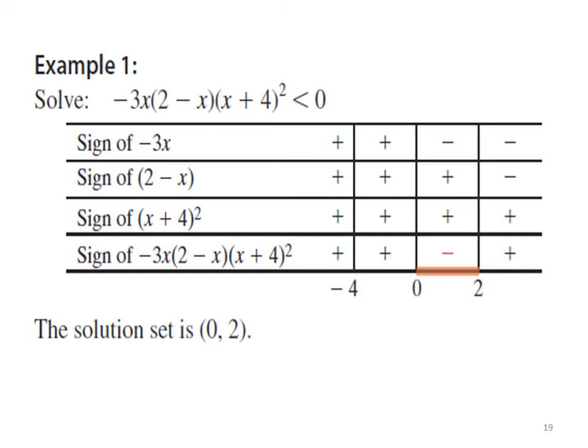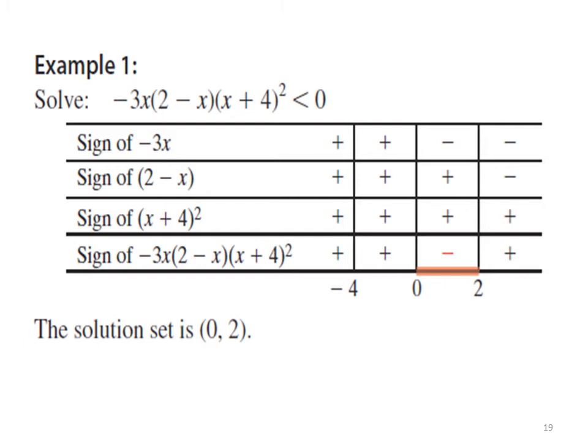The zeros for this expression are minus 4, 0, and 2. These are the boundary points. So what you want to do is check the sign. These 3 points define 4 intervals: from minus infinity to minus 4, from minus 4 to 0, from 0 to 2, and from 2 to positive infinity.